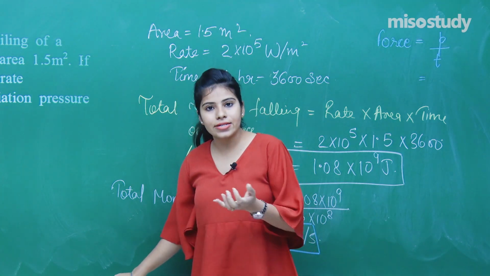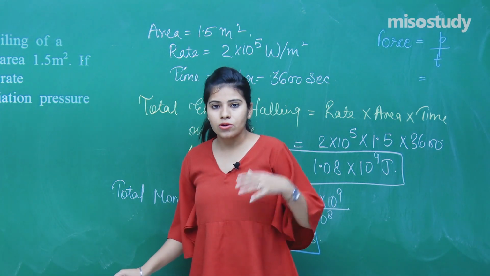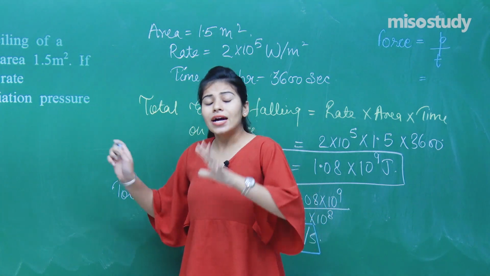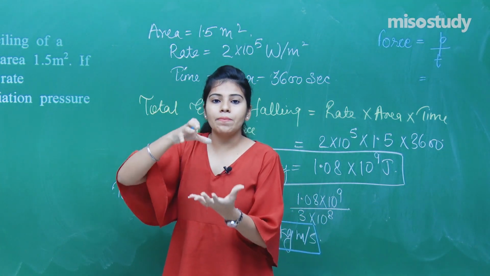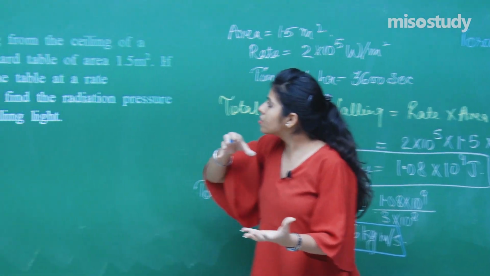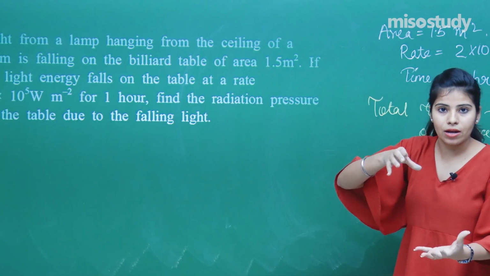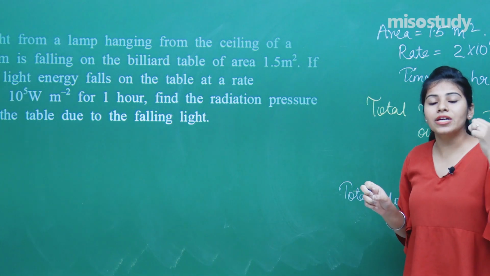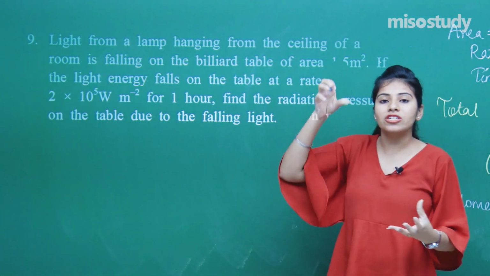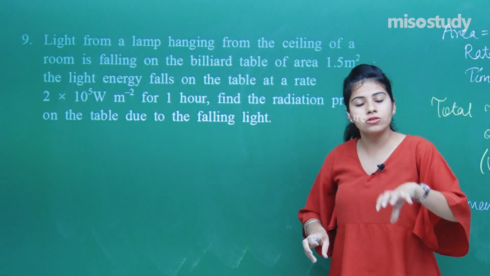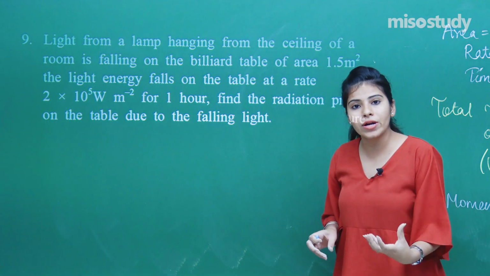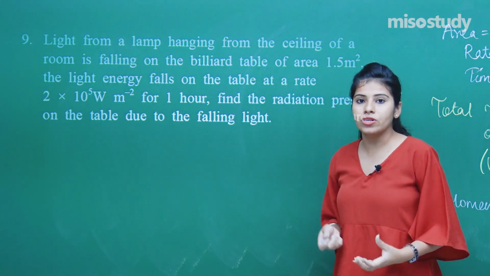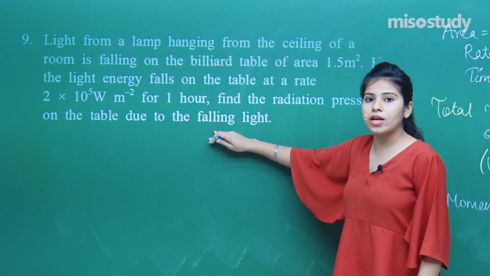Firstly understand what the question is asking. They are saying that light is falling on the billiard table. Now since the light is falling, I told you the light pressurizes. Light is pressurizing because the energy is falling, so it has energy, it has momentum, so it will show pressure. That pressure we are going to find over here.